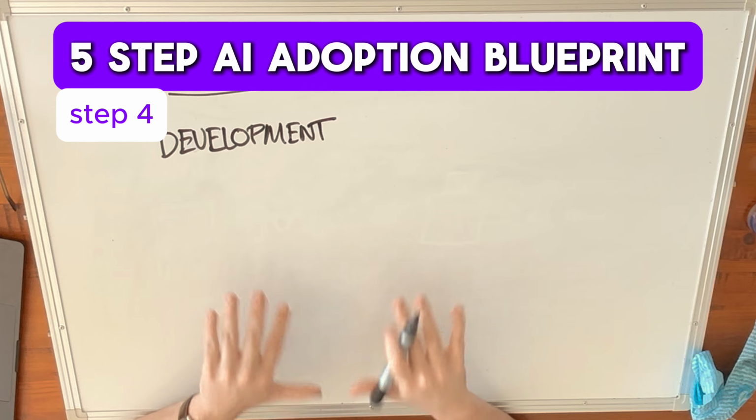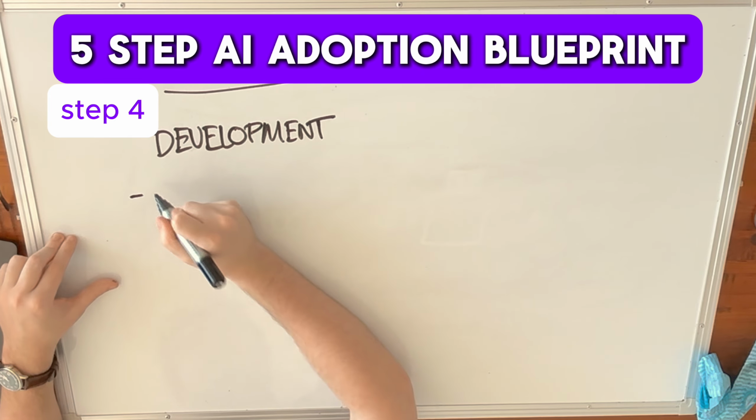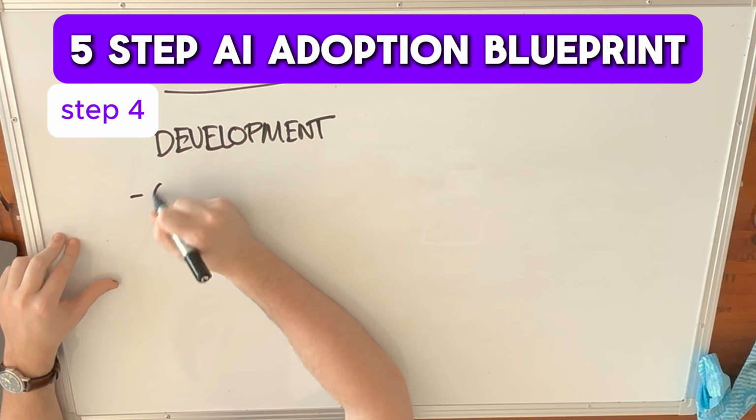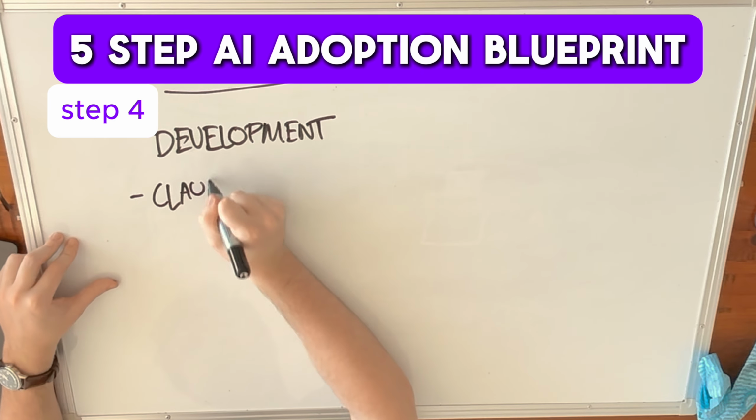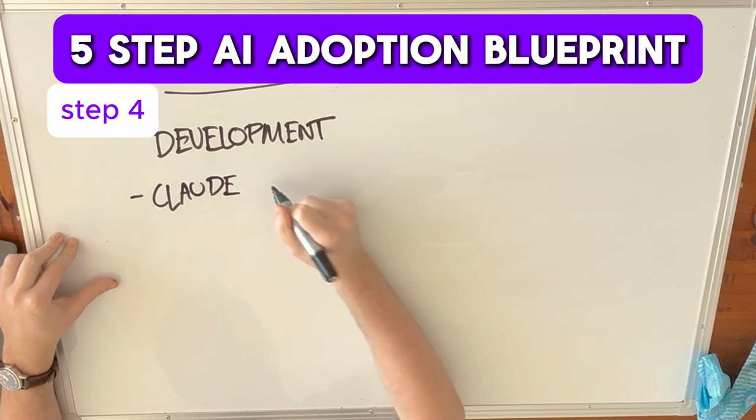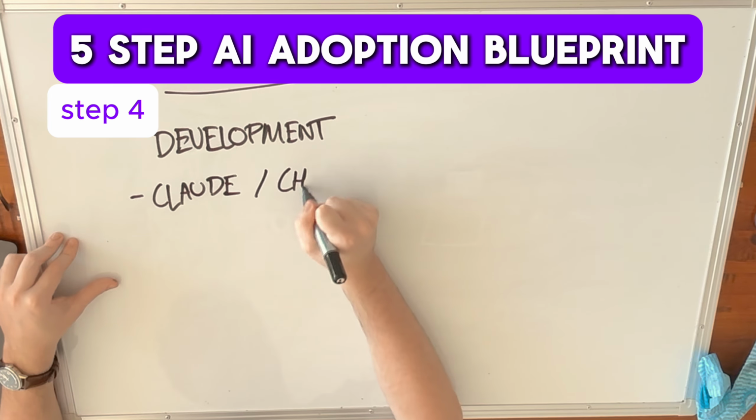Development. This bit is the scariest. So I'm going to try and provide as much value as possible just in this video to show you how you can develop AI solutions in your business that will save money without costing you an absolute arm and a leg. So option one is to use Claude or ChatGPT.